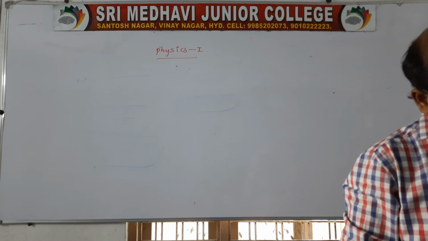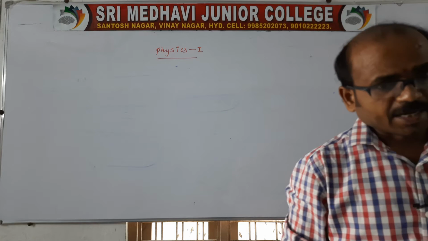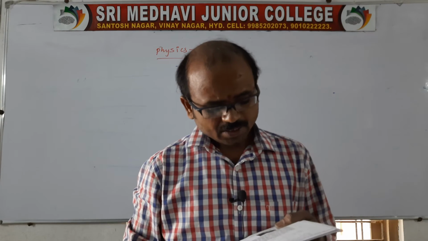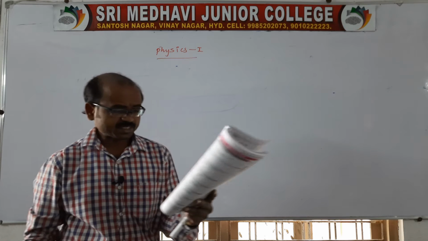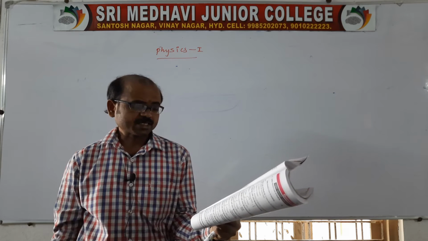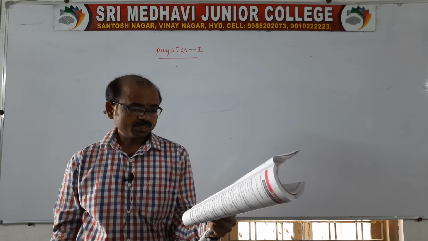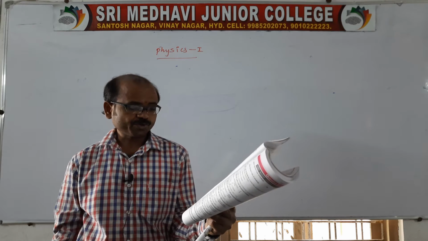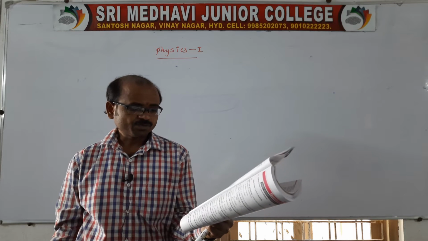A square lead slab of side 50 centimeter and thickness 10 centimeter is subjected to a shearing force of 9 into 10 power 4 Newton. The lower edge is riveted to the floor.